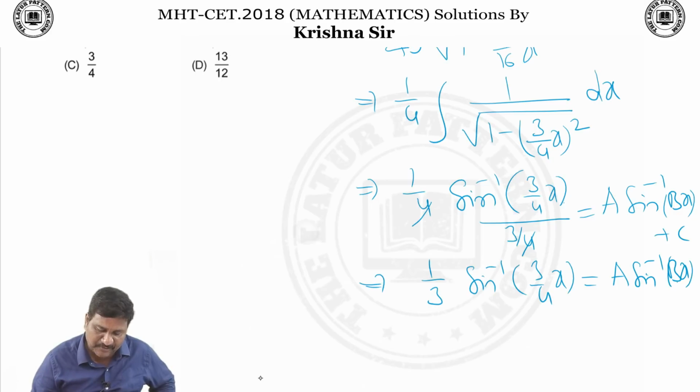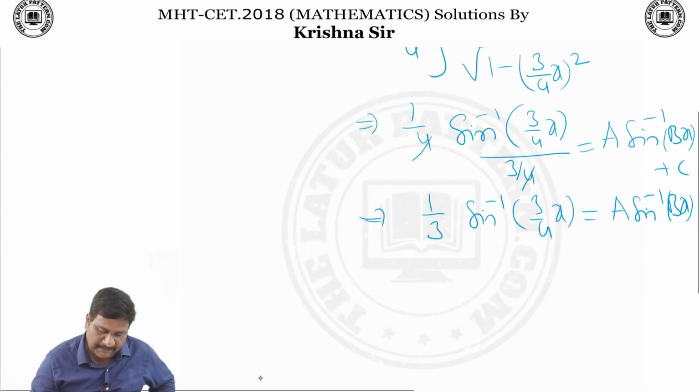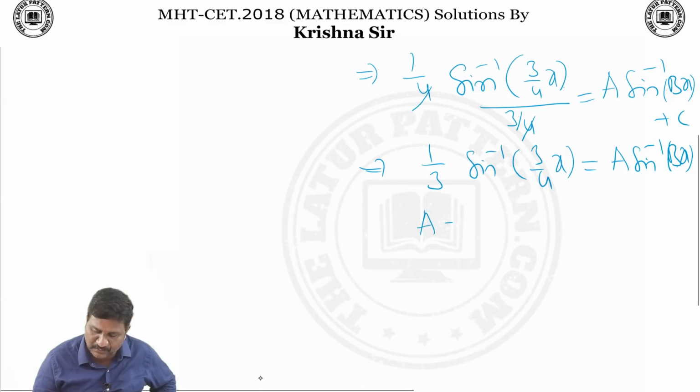From our options we want to find a plus b. Then a is equal to 1 upon 3, and b is equal to 3 by 4.